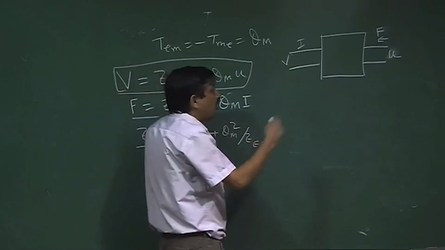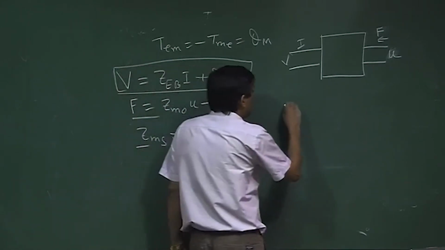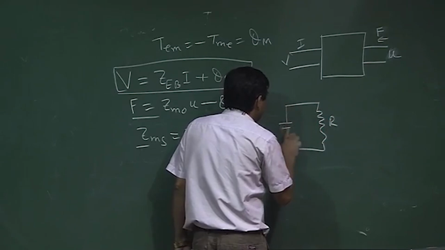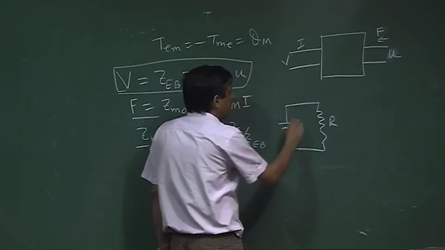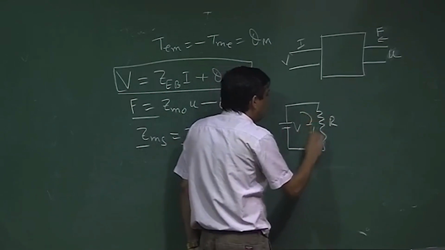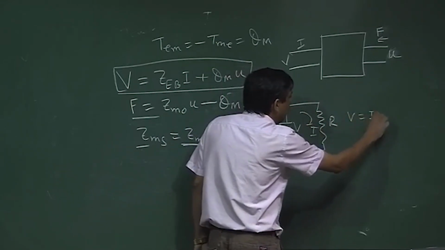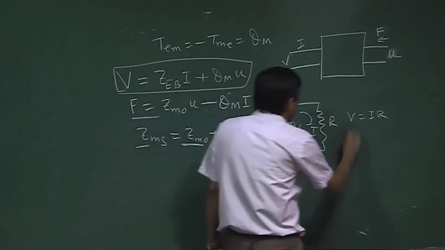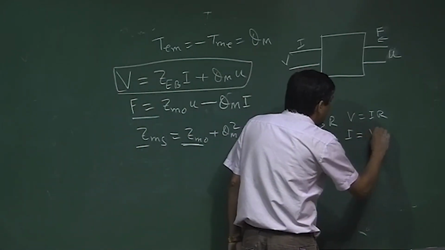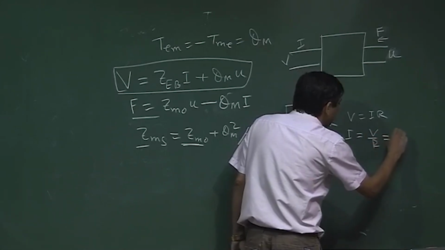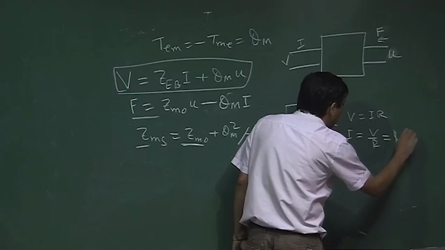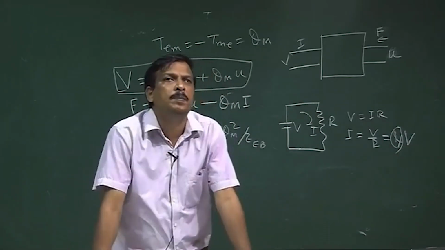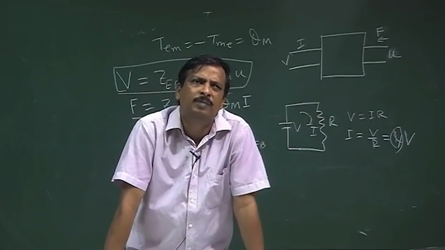Okay. So, the source is a current source. If I have a resistance R and I apply the voltage V, then current I is flowing, so V is equal to I into R. Now, I can also say I equals V by R, or I equals Y into V, where R is called mechanical resistance, or if it is complex then mechanical impedance.